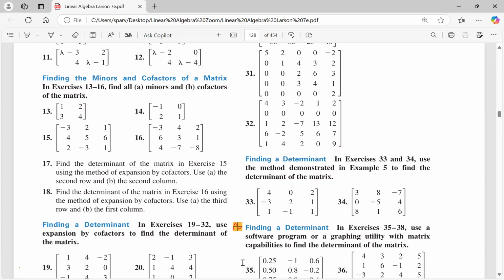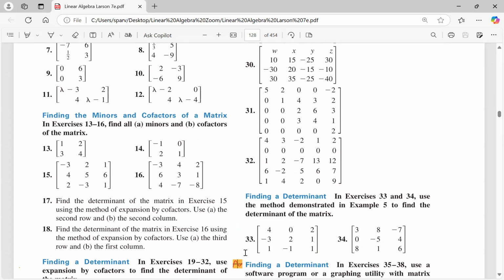The question reads, find in part A all the minors and in part B the cofactors. Okay, so that's what we want to do in number 16. So let's begin this one. I'm going to switch to my notepad and show you the details now.